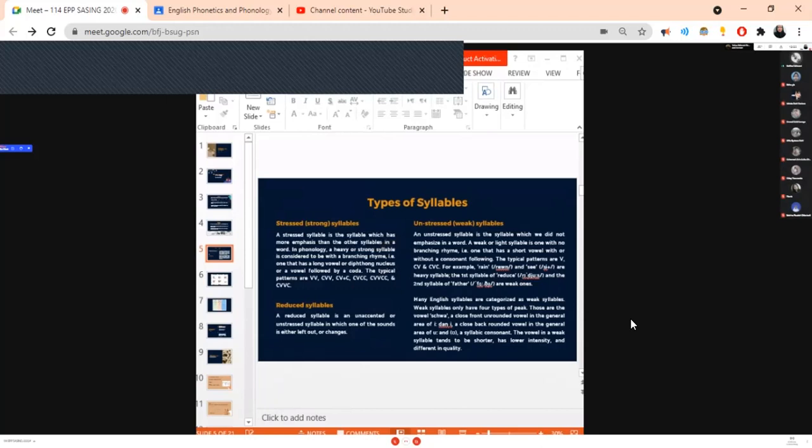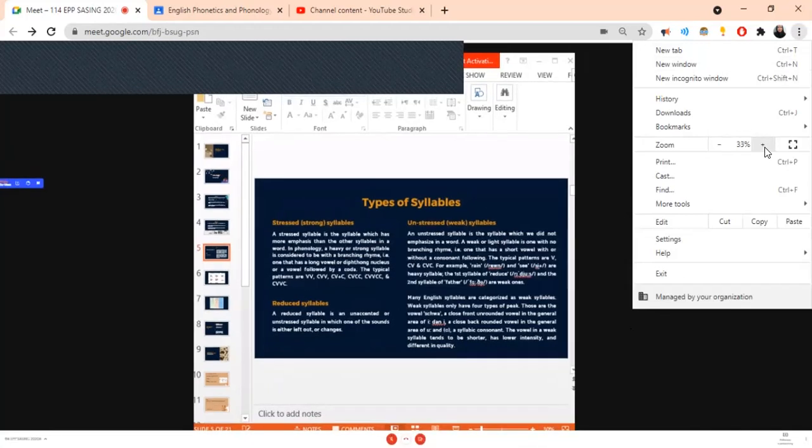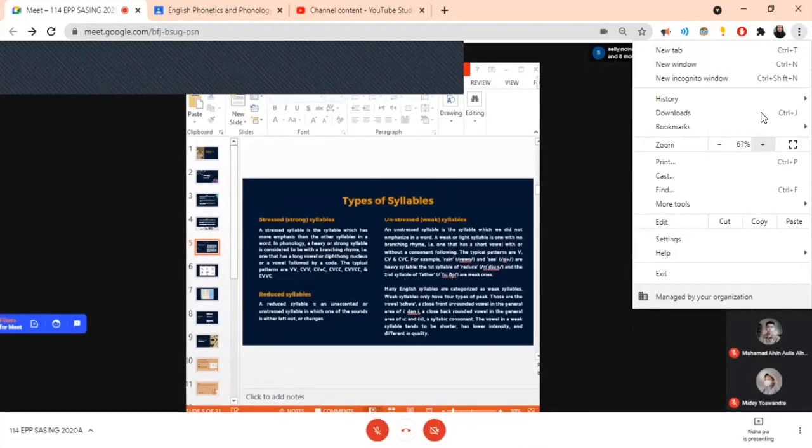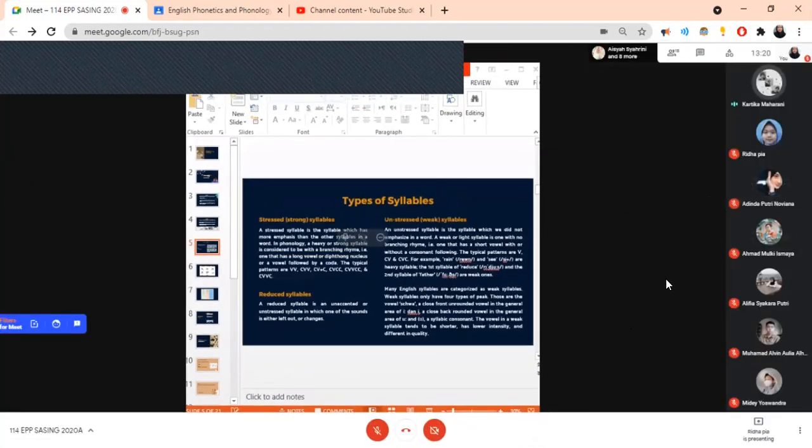The second one is reduced syllables. A reduced syllable is an unaccented or unstressed syllable in which one of the sounds is either left out or changed. The third one is unstressed or weak syllables.